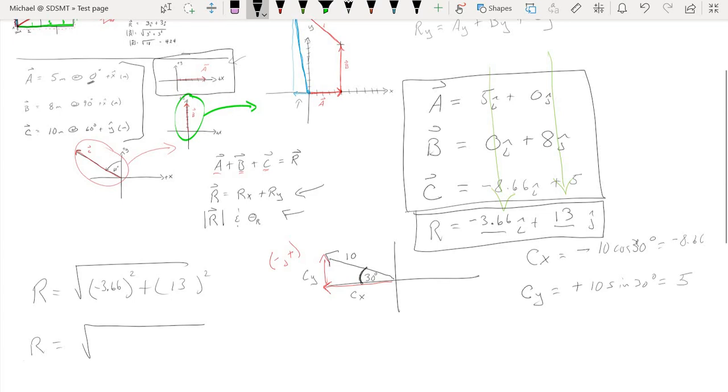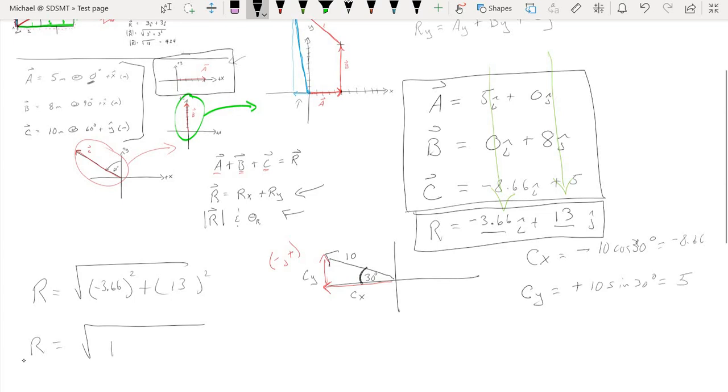Alright, we have 3.66. We're going to square that. We'll add that to 13 squared. We will square root our sum, and so let's see here.